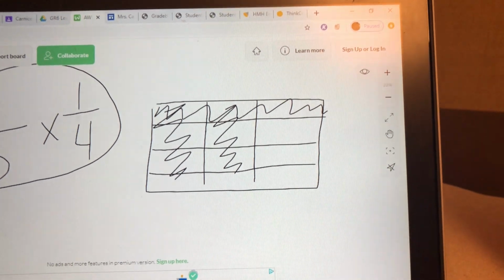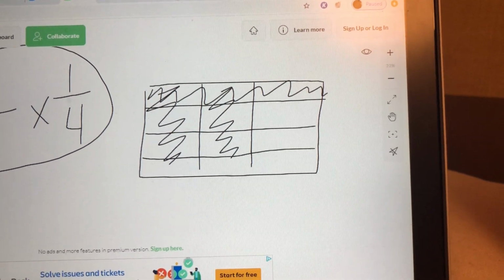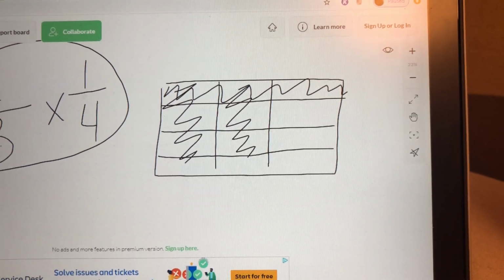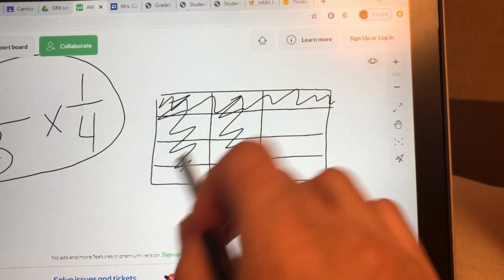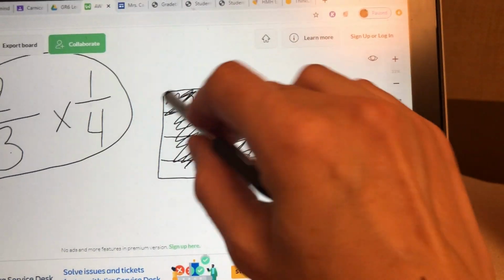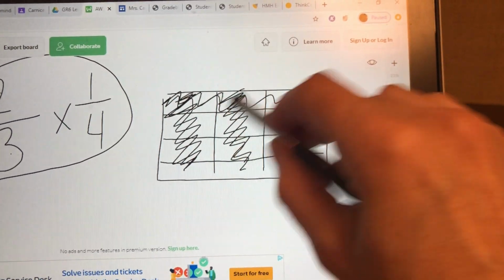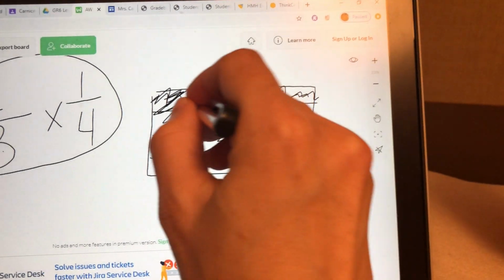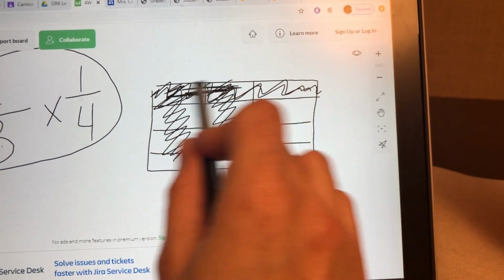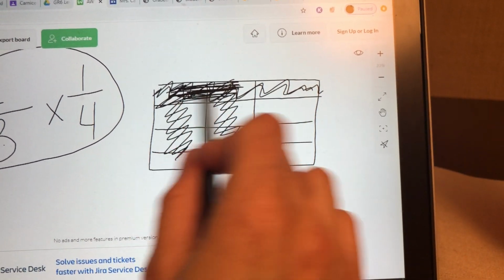And remember, this is the lesson where I would tell you guys, to get your answer, you have to only go with the ones that have been shaded double. Okay, so going up and down, I shaded here, here, and then going across, I shaded going this way. Okay, so these 2 right here are the ones that are shaded twice.